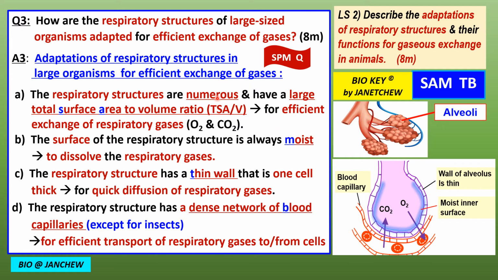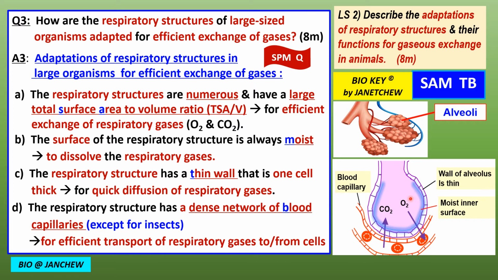The alveoli are numerous, providing a large total surface area. If you add up the surface area of all the millions of alveoli, it is very big, for efficient exchange of respiratory gases, because the diffusion of the gases will occur more quickly through the larger total surface area.